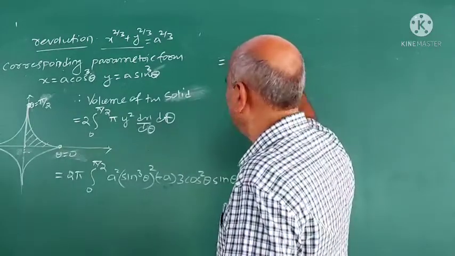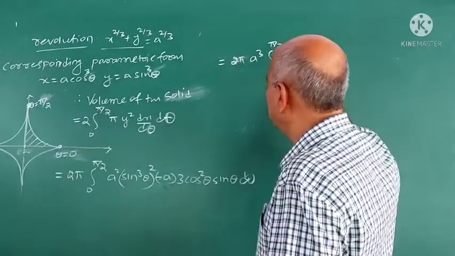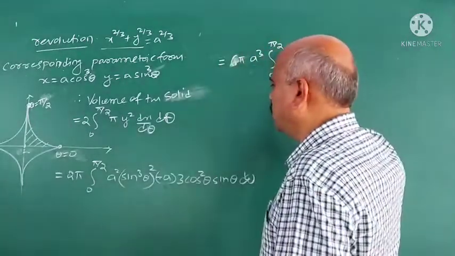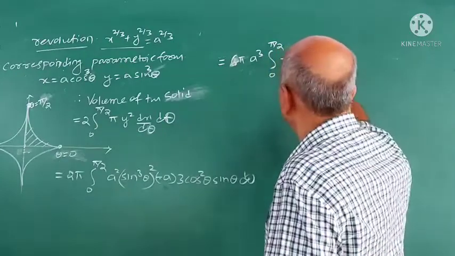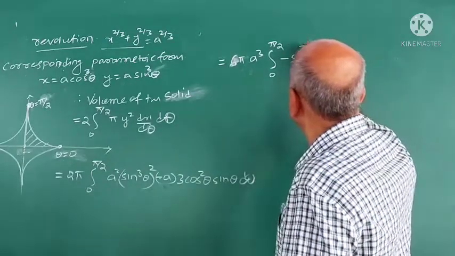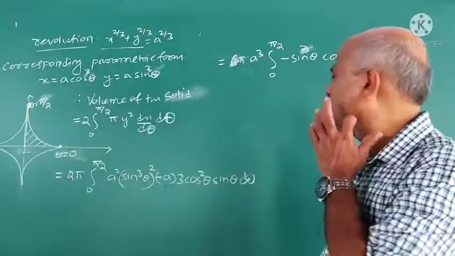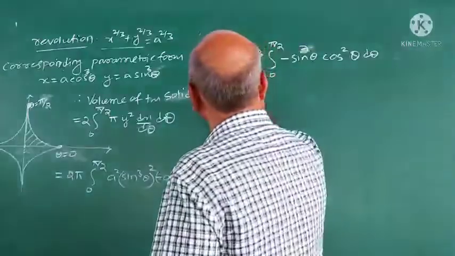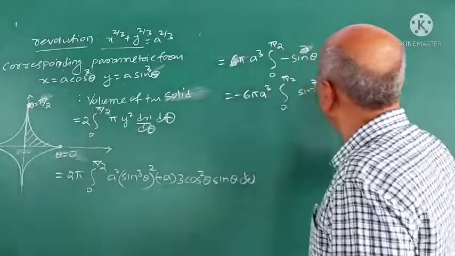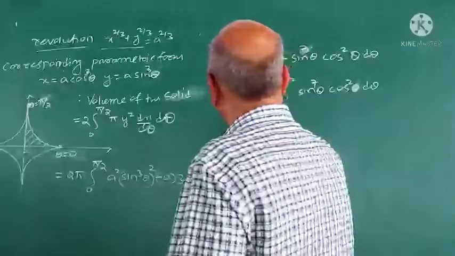Is it a cube? 0 to pi by 2, minus 6, it is 6 pi a cube, 0 to pi by 2, sin theta raised to 6 cos square theta d theta, sin theta raised to 7 into cos square theta d theta. It is minus 6 pi a cube, 0 to pi by 2, sin theta raised to 7 cos square theta d theta.